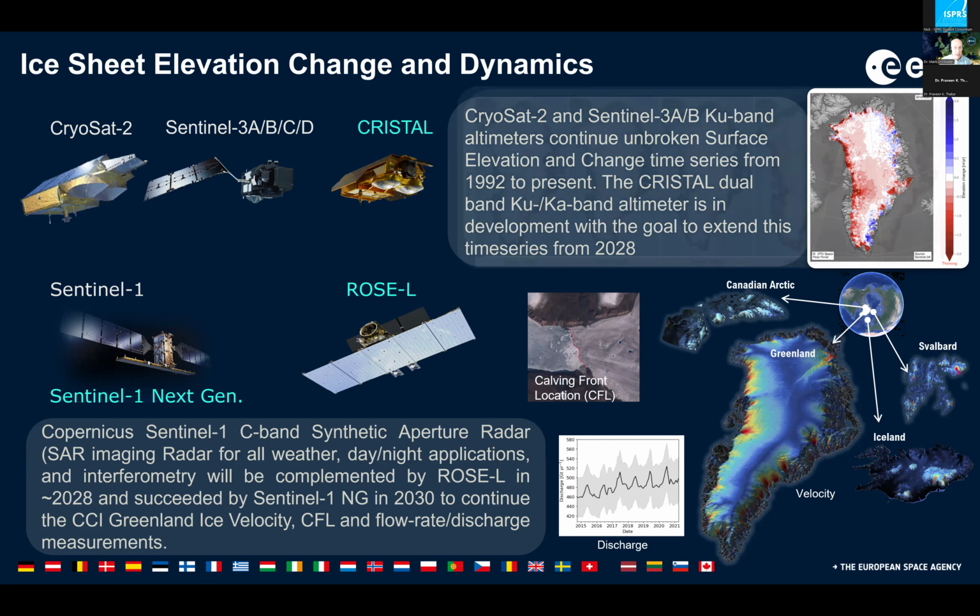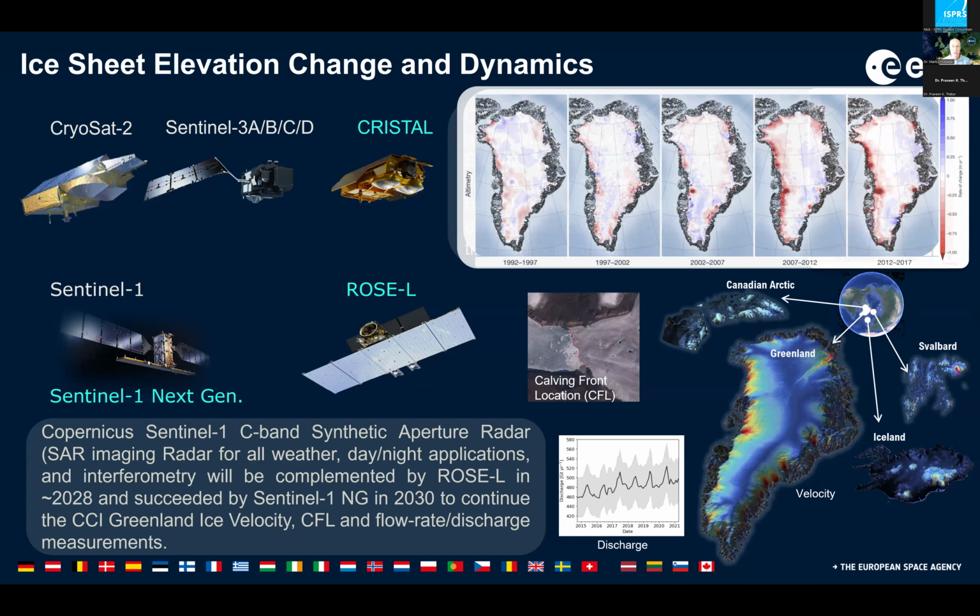And if I add the information now illustrating the type of data in that ice sheet elevation change, here I show 5 epochs, each of 5 years, showing the changes in the rate of change of ice sheet elevation over Greenland over time from this climate record.